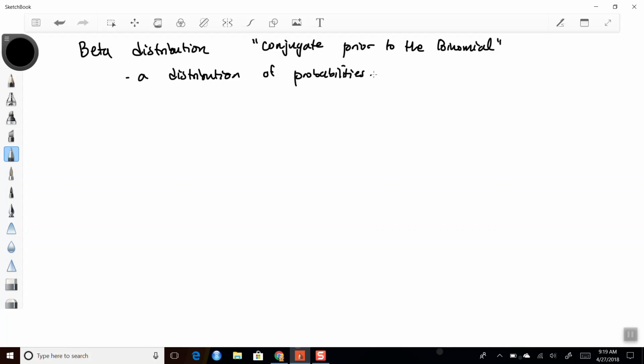Okay, so what if I tell you that we have some probability p? You know that p has to be a number between what and what? P has to be between 0 and 1, because that's how we define probabilities. So the beta distribution is defined only on the interval 0 to 1, okay? Distribution of probabilities.